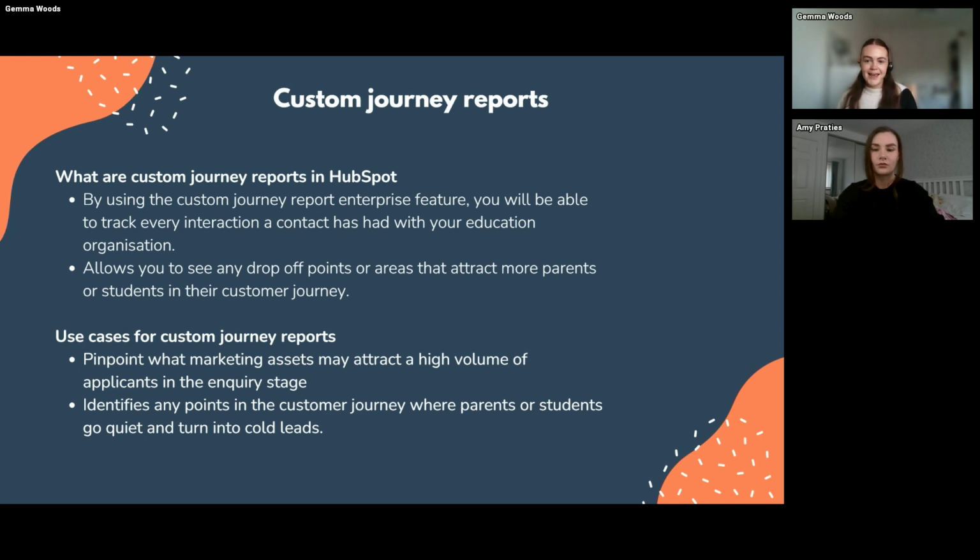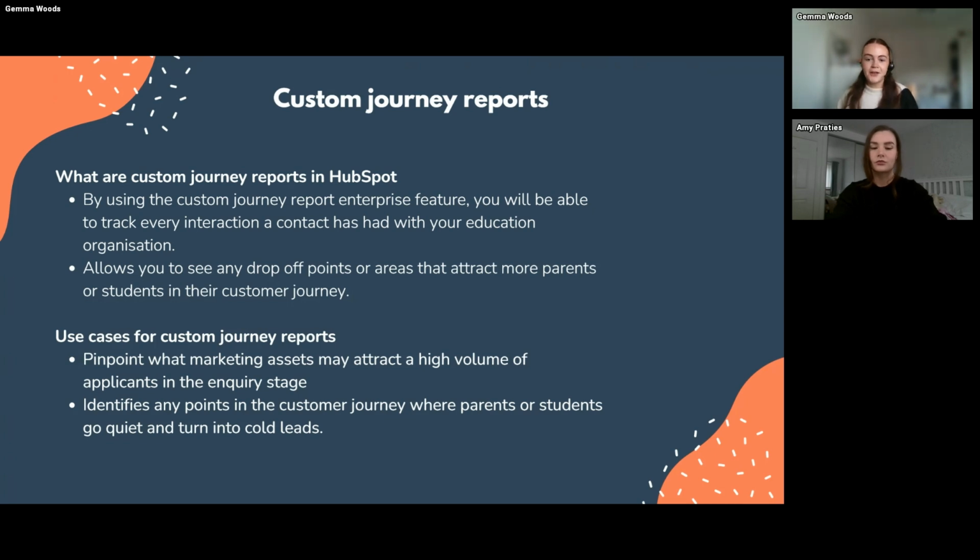It might be that admissions and marketing teams need to align in these areas to see how you can continue engaging with students and parents, both through your marketing assets, so how you're engaging with them this way, and also through direct communication from admissions.